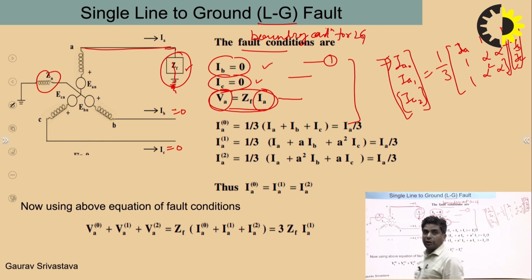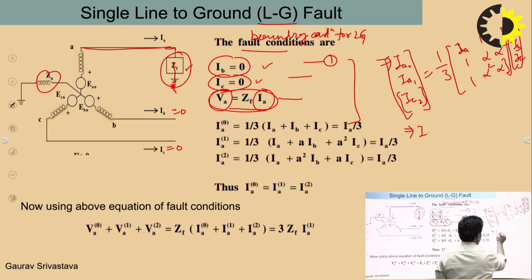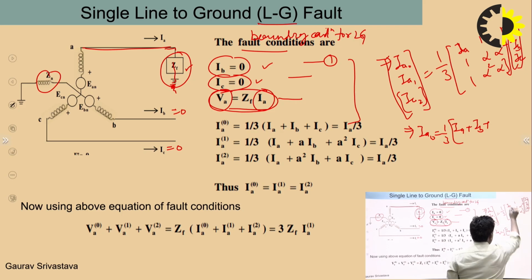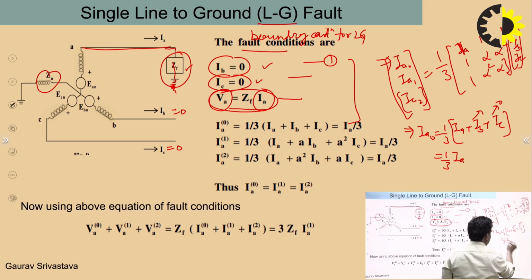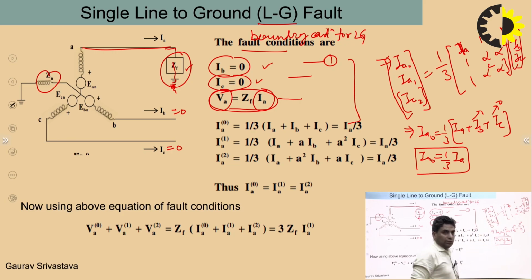So how do we calculate the component values? Through this relation. Expanding, IA0 is equal to 1 by 3 (IA plus IB plus IC). Here IB and IC are 0, so we get IA0 equal to IA by 3.